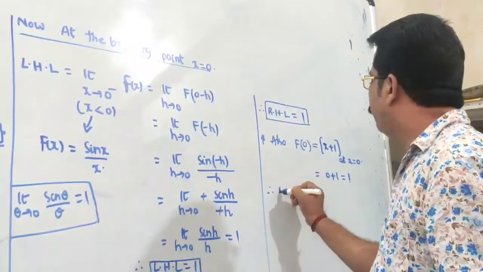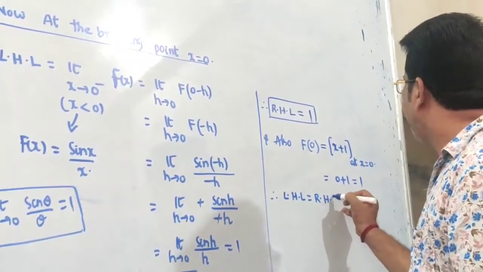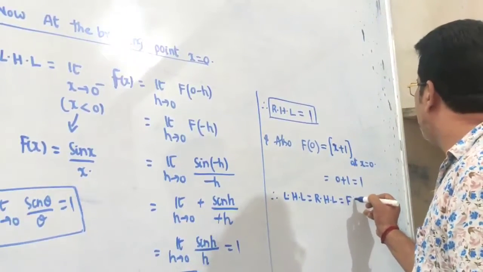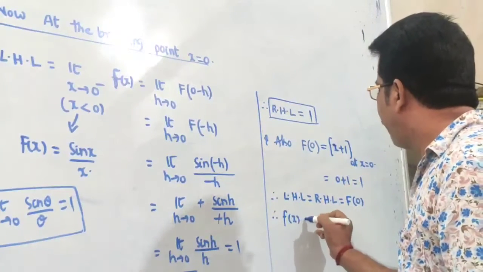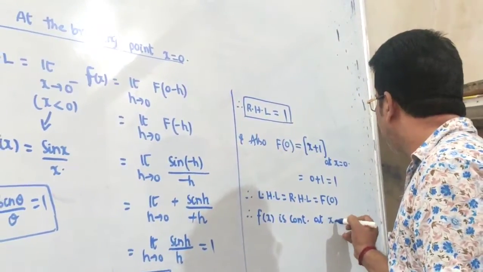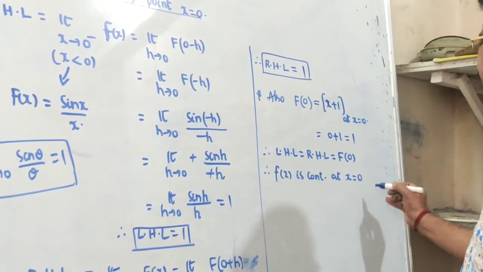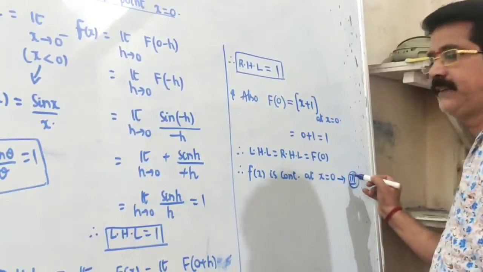Therefore left hand limit equals right hand limit, which equals capital F of 0. Therefore capital F of x is continuous at x equal to 0. Let it be Roman number 3. This is the third statement.